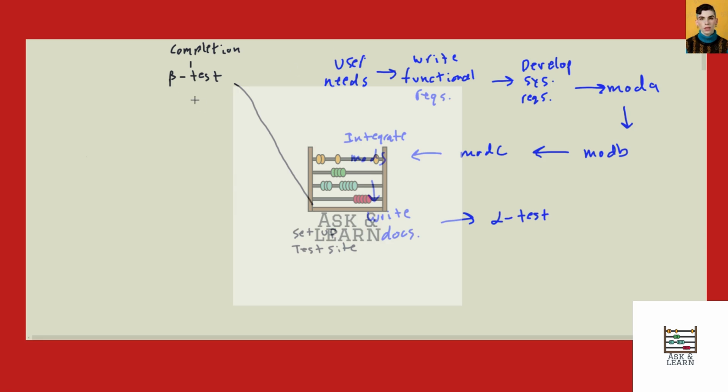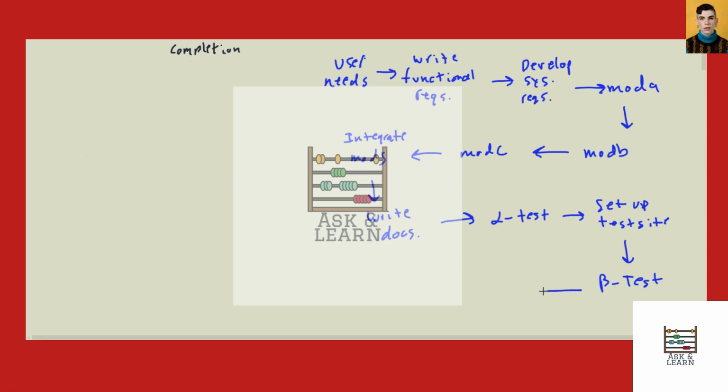And then before we could do a beta test, we have to set up the test site. And then the only minimal element we'll have left is our beta test. And then after we do the beta test, we have the completion of it.